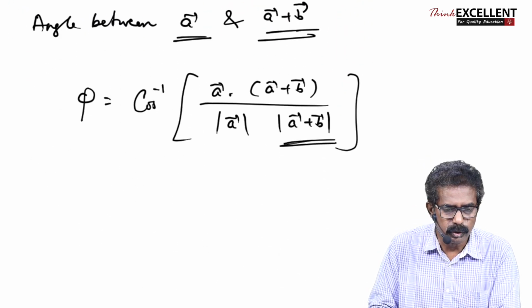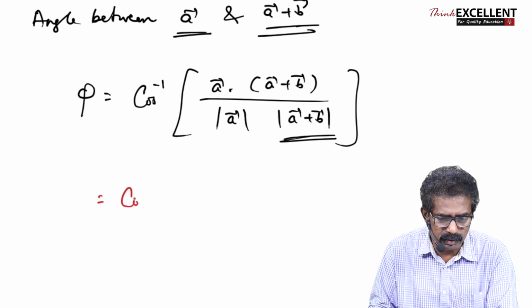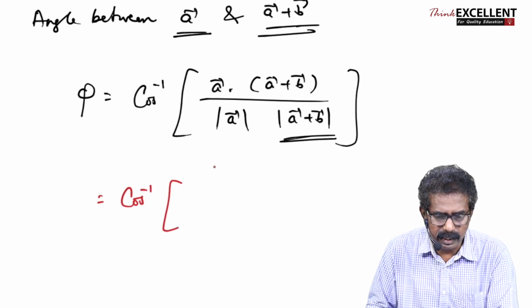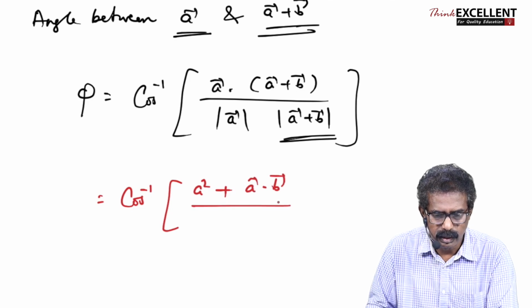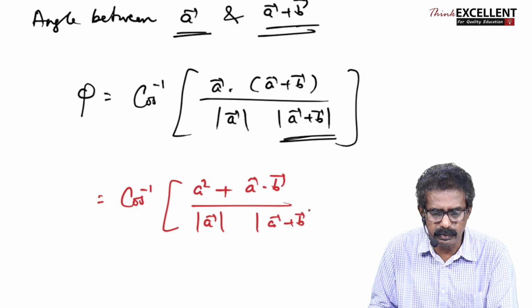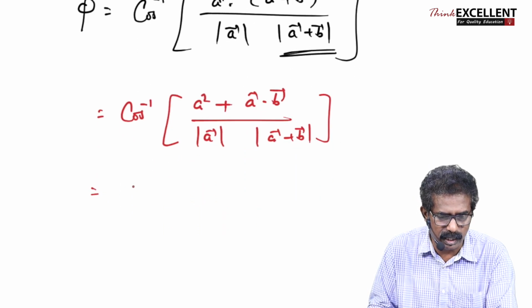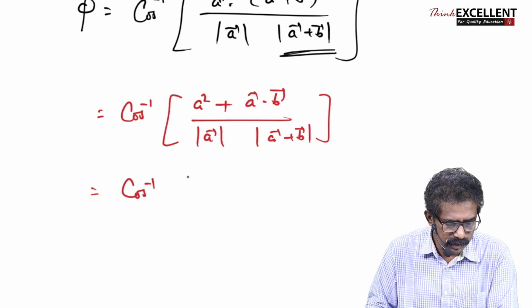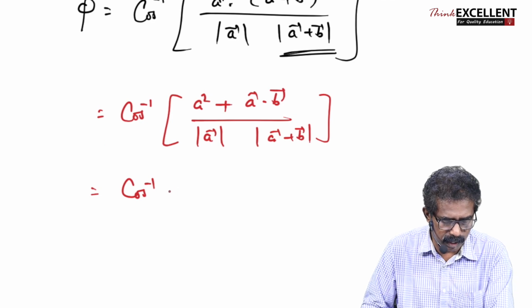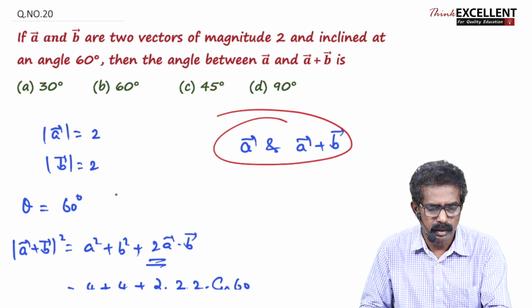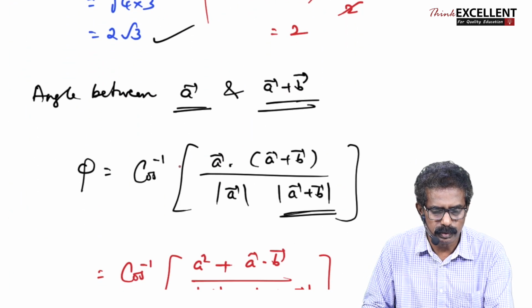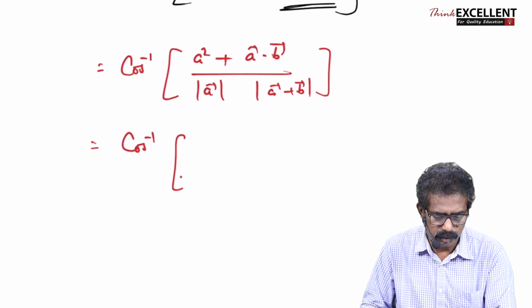Now just expand the numerator: cos inverse of A dot A plus A dot B. So everything you got now, divided by modulus A into modulus of A plus B. Now just substitute. So cos inverse of modulus A square, modulus A value 2, so it is 2 square, right?